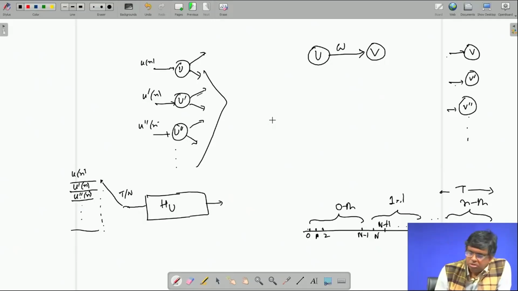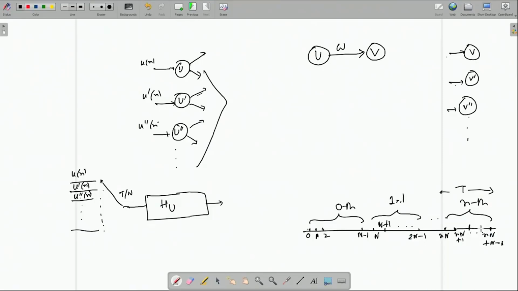So, suppose in the nth cycle, at capital N n plus small u, at that clock the hardware unit HU takes up this data u n.